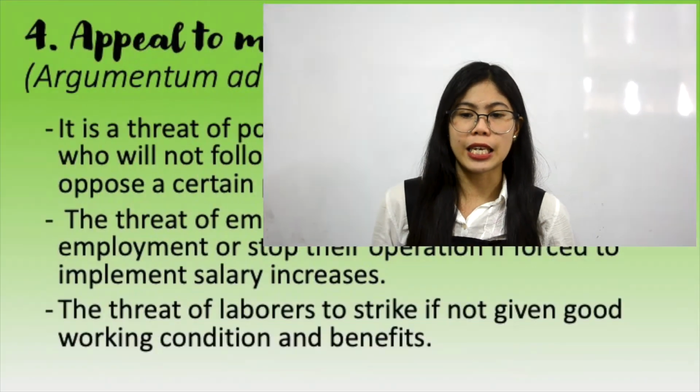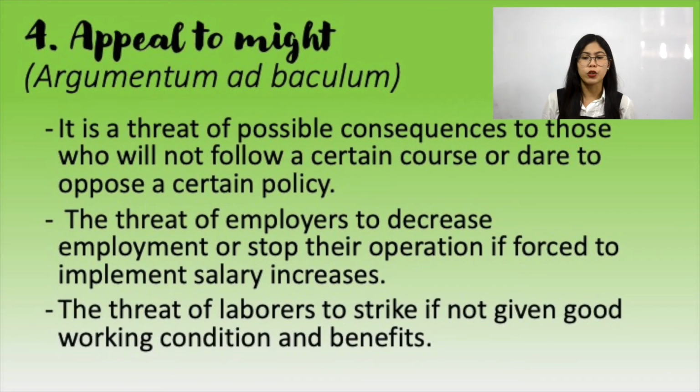Next fallacy is appeal to might or argumentum ad baculum. It is a threat of possible consequences to those who will not follow a certain course or dare to oppose a certain policy. The case of blackmail is also qualified here. Example: the threat of employers to decrease employment or stop their operation if forced to implement salary increases.